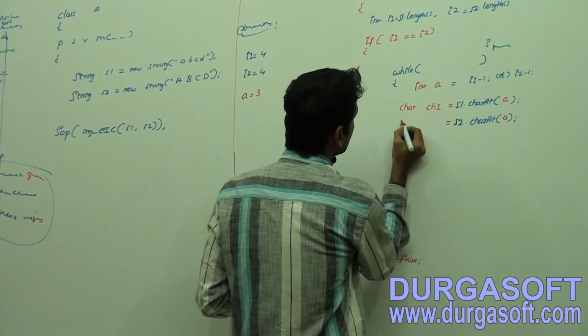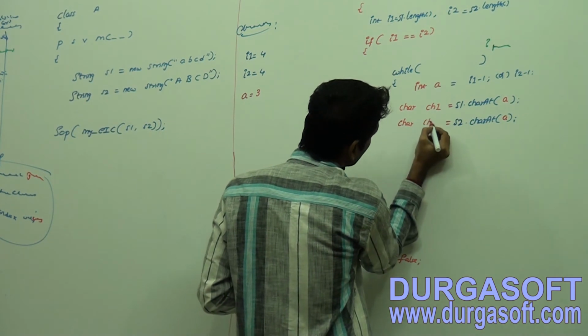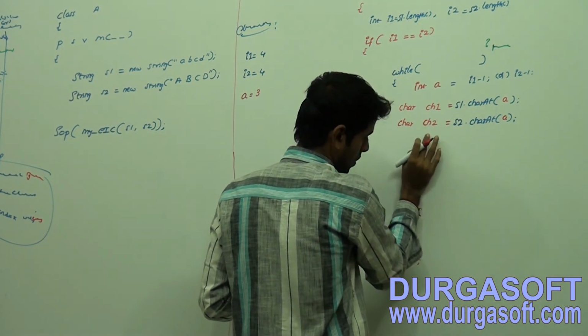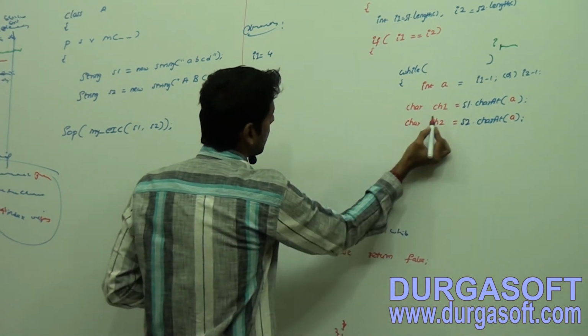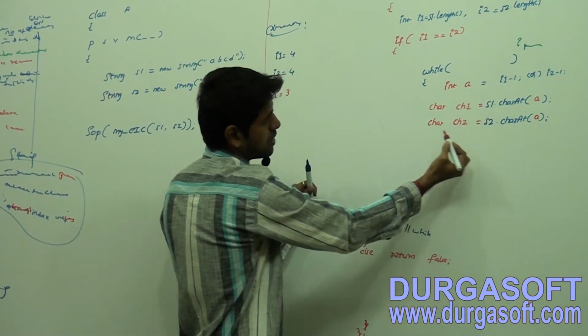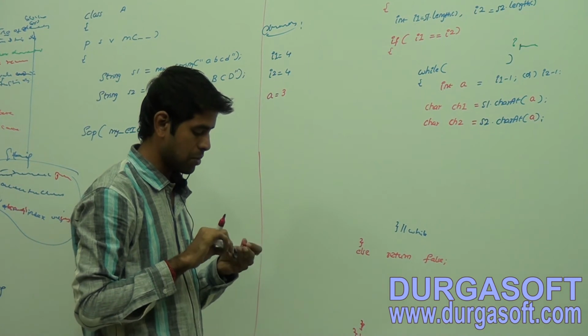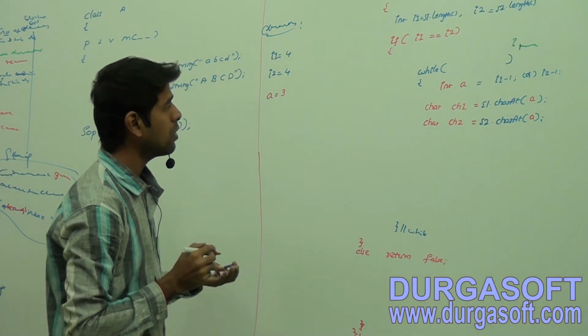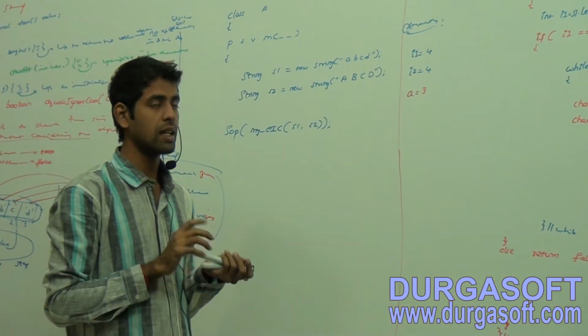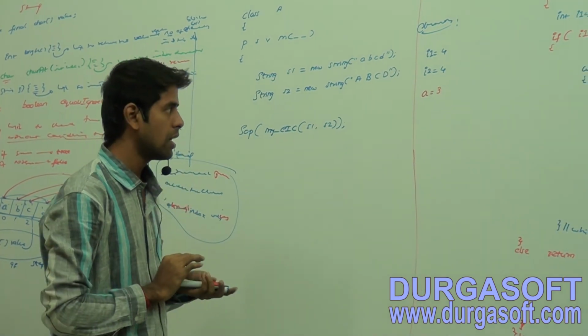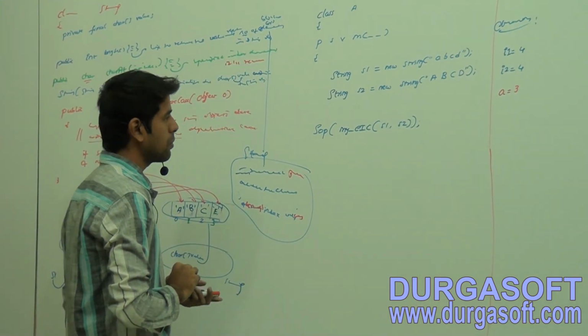Now let us hold that in a variable. Declaration and initializing, I am doing within a single statement. Now we have to write one logic. That's very important to us.